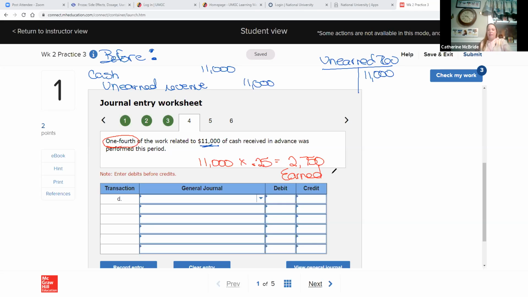Does where I got that make sense? Yes. Okay, so we've earned revenue that we have not recorded. So we need to record it now. We're going to record the revenue and we're going to reduce the unearned revenue.